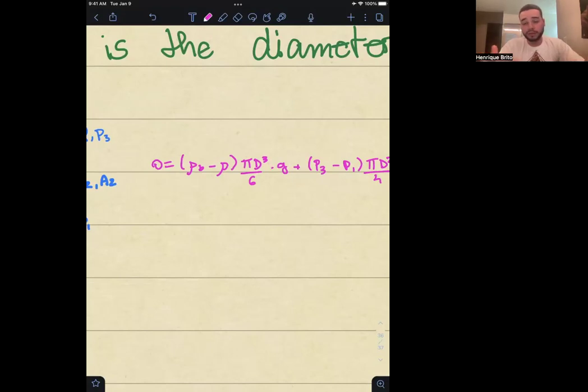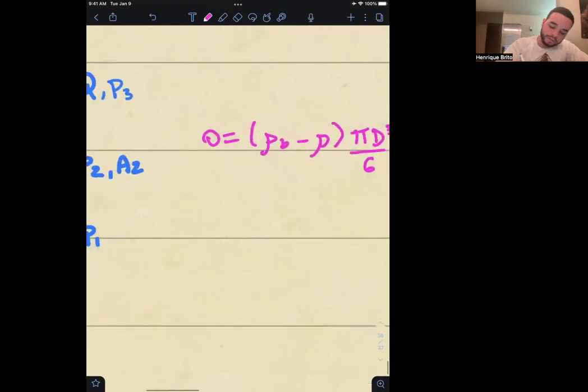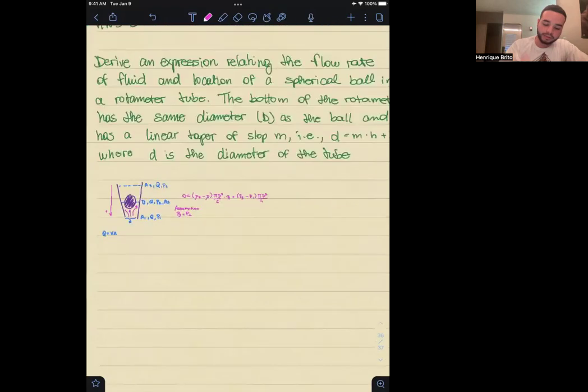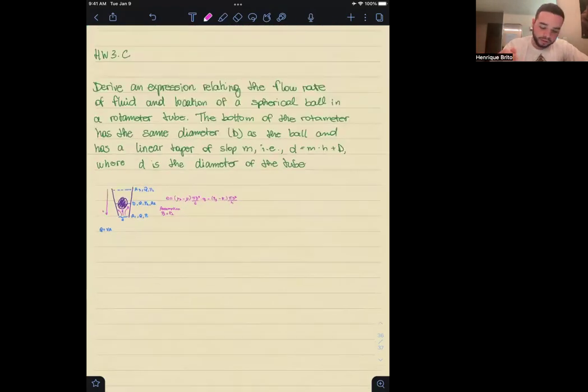Throughout this problem, we're going to make a few assumptions. First assumption is that P3 equals P1. So I'm going to mark this up here. And again, I feel like I didn't really explain what we're looking for here. We need to derive an expression relating the flow rate of the fluid and the location of the spherical ball in a rotometer tube.